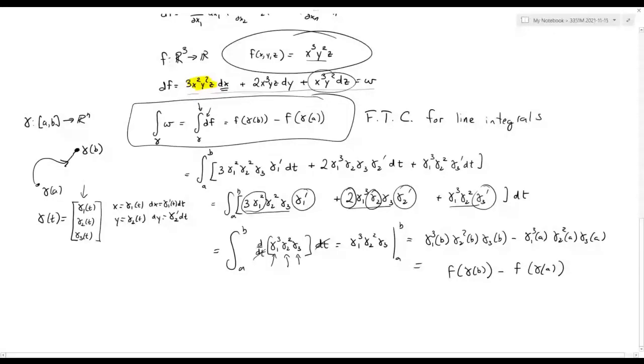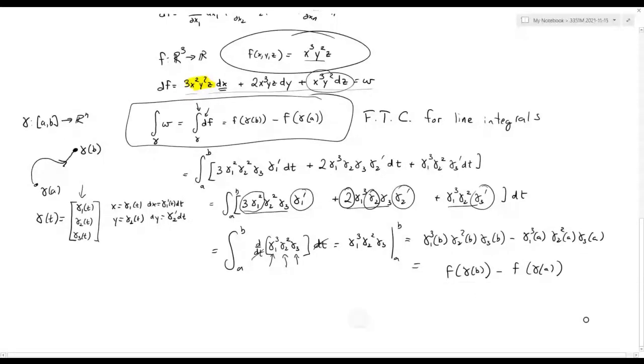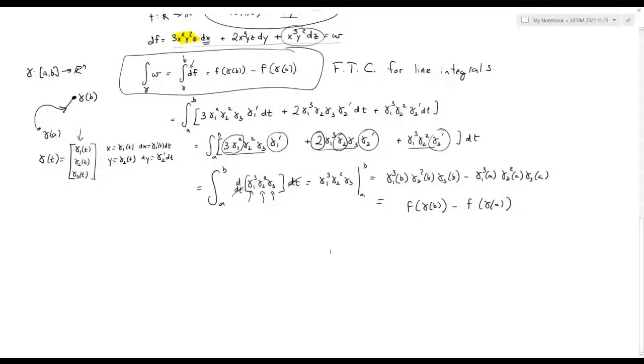And as a consequence, notice that the line integral only depends on the starting and ending point of the path. It doesn't actually care about the path you take from starting to ending point.